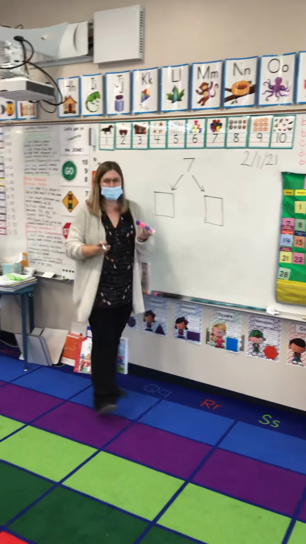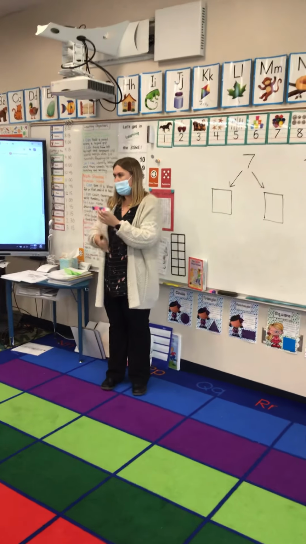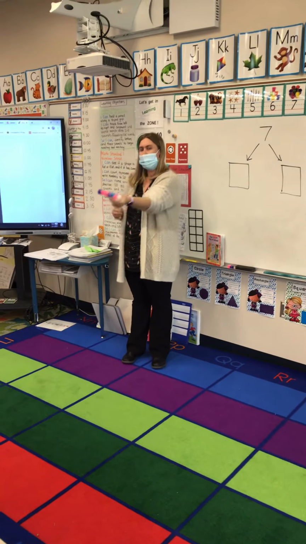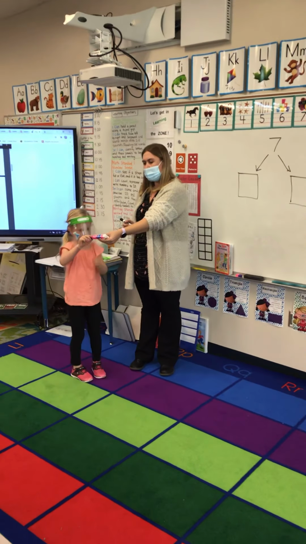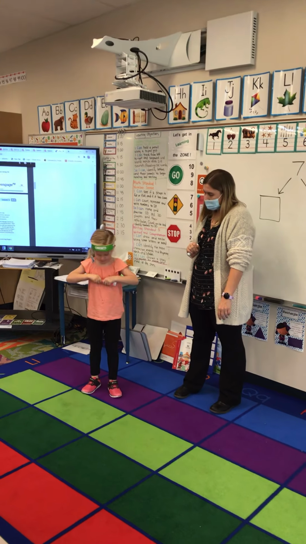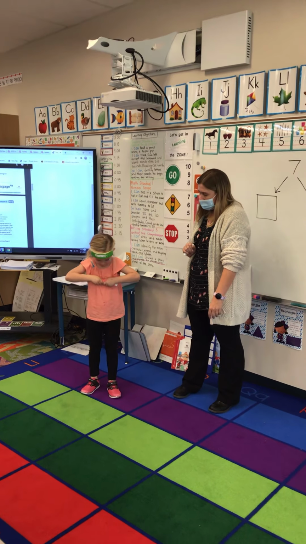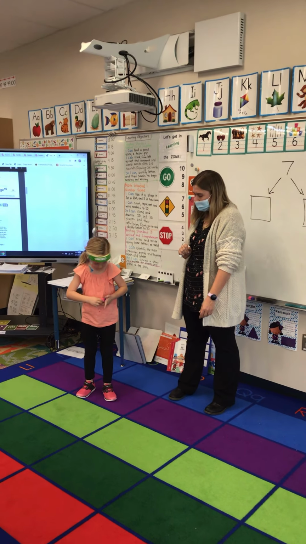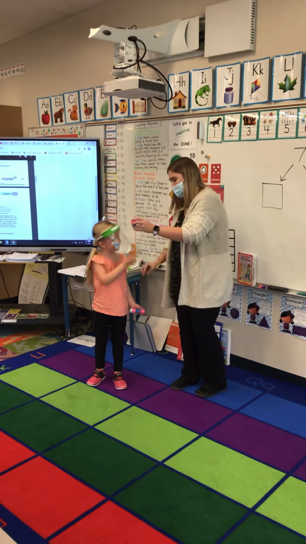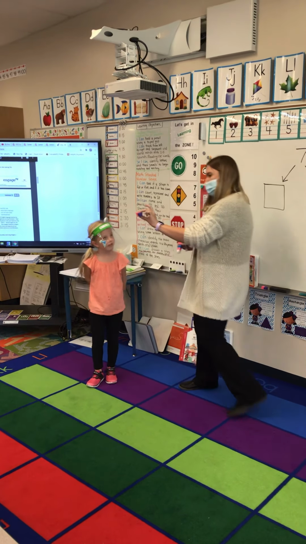Okay, I'm going to ask somebody to come help me. Ava, come up here and split this up. Doesn't matter how you do it, just split it into 2 different pieces. Just 2 pieces, not a bunch of pieces, just 2. Okay, how many do I have in this side, Ava? 2.